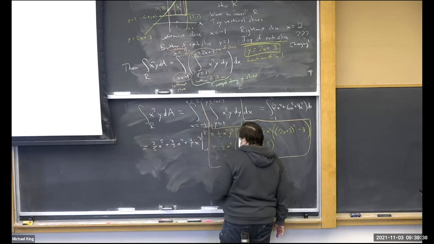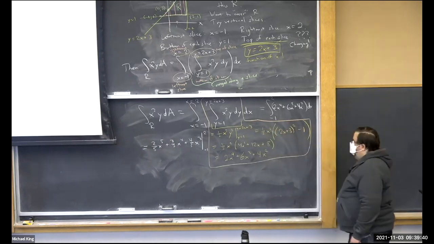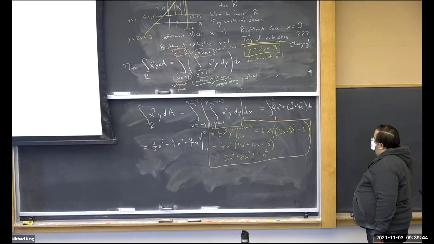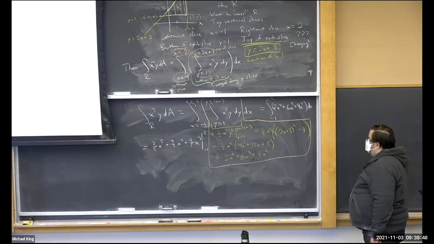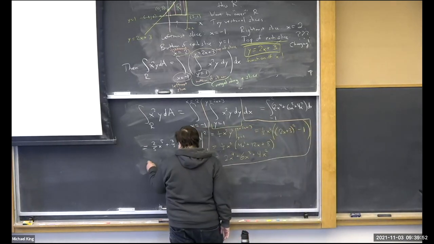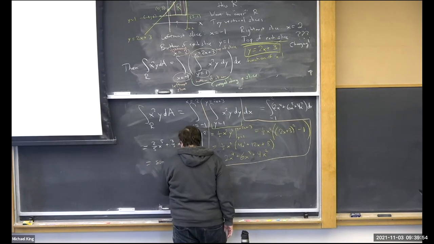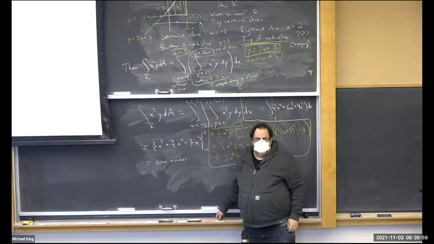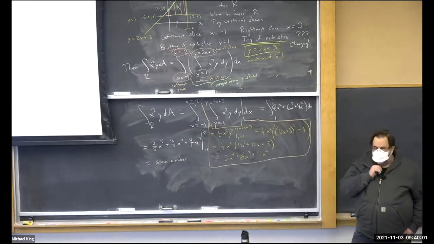Maybe 1 to 2. I don't know if I did that right. 2/5 x to the 5th plus 3/2 x to the 4th plus 4/3 x cubed. Okay, so anyways, it's some number. Maybe I don't even care. But you can sort of see you get some number from this.